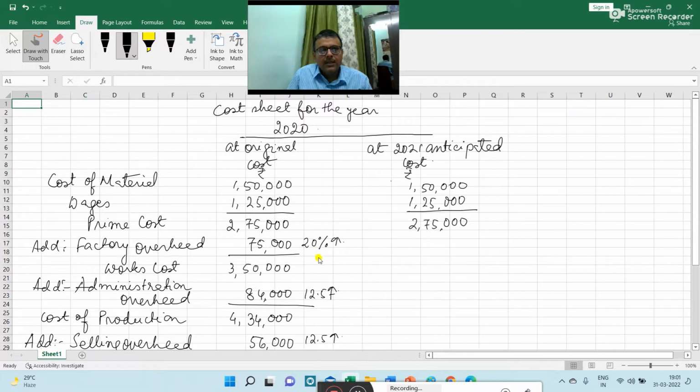Then if there is an increase of 20% in the factory overhead, then the factory overhead will be 90,000. How do I arrive at this figure? Simply 75,000 into 120%, so you will get 90,000. And the works cost is 3,65,000.